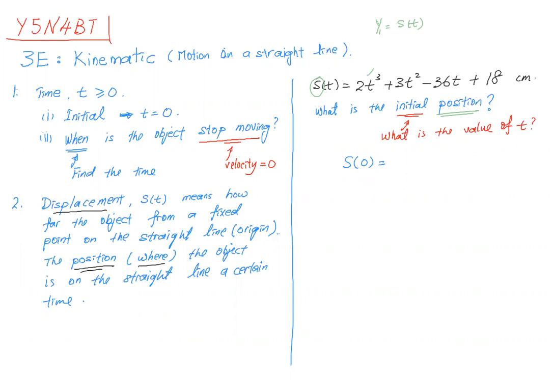So in your Y1, you key in 3x cubed plus 3x squared minus 36x plus 18. Has everyone keyed in already?